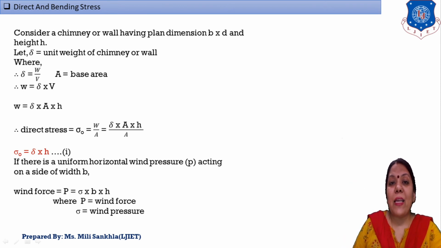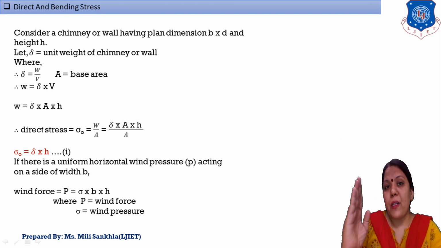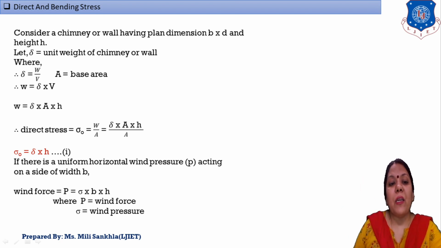In our plan we can see that wind pressure acts on the width of the chimney, B, and it also extends over the height of the chimney. So wind force P is equal to sigma into B into H. If a wind coefficient is given in the data, we multiply by C, the notation for the wind coefficient: C into sigma into B into H.